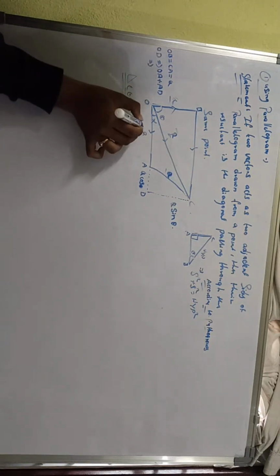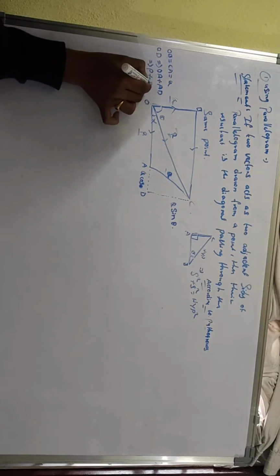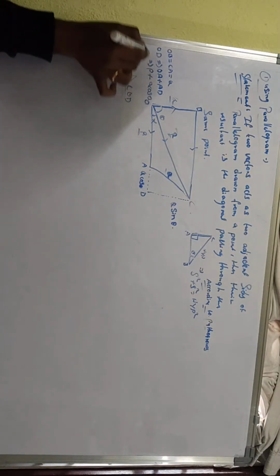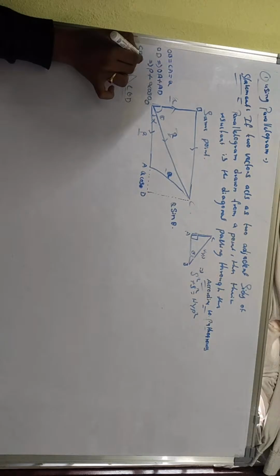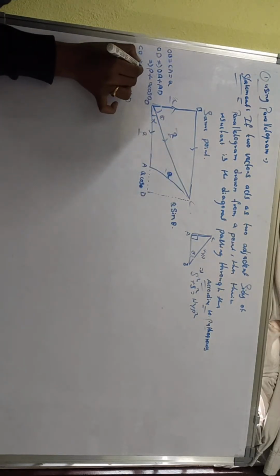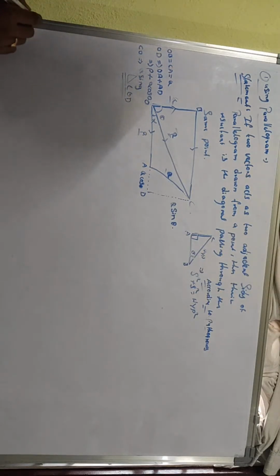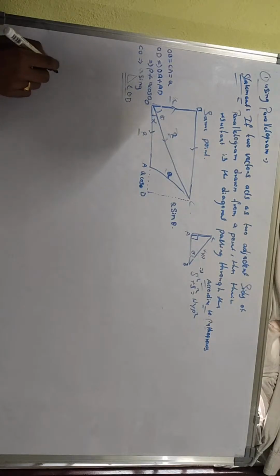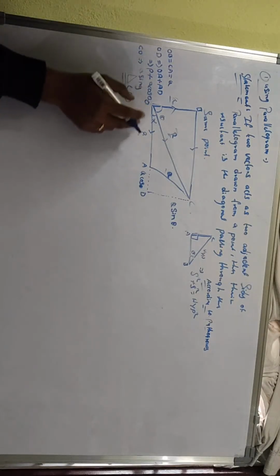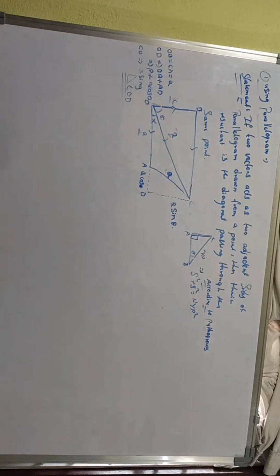So OA we have P, plus AD we have Q cos theta. Again CD is equal to Q sin theta because this is a vertical component. So CD is equal to Q sin theta and OA is equal to P. These are the values we use in the question.